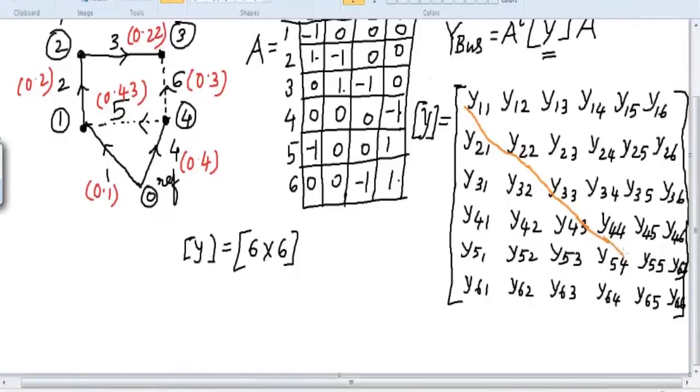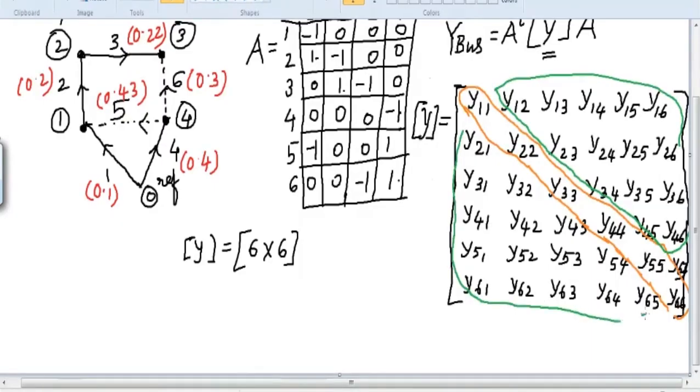So only the diagonal will have the non-zero values taken from the problem, and the upper triangular matrix and the lower triangular matrix, that is the off diagonal part, will always be 0.